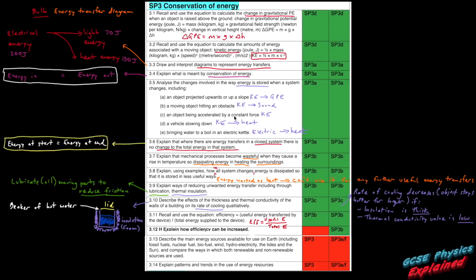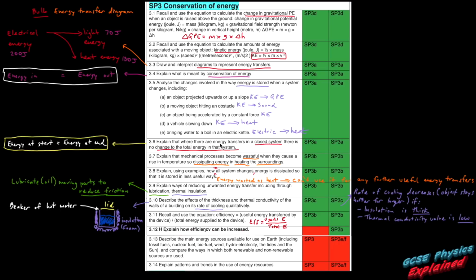An object being accelerated by a constant force, whatever energy it had, it's going to get stored as kinetic energy because it's moving. A vehicle slowing down, the kinetic energy would get converted into heat energy. Bringing water to a boil in an electric kettle, electric energy is going in and it's getting turned into heat energy.